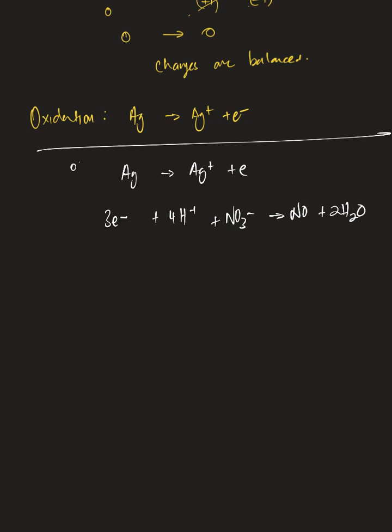Those are the two equations that I've got in front of me. If I look at these two equations, for the oxidation I have 1 electron, and for the reduction there are 3 electrons. So in order for reduction and oxidation to happen, I need to make sure that these two numbers are the same.